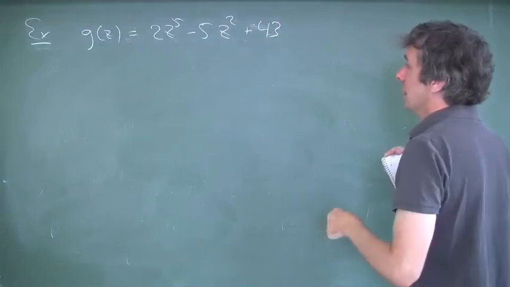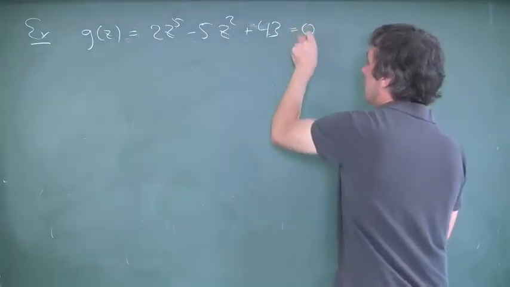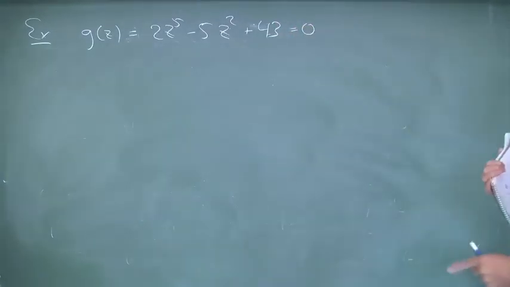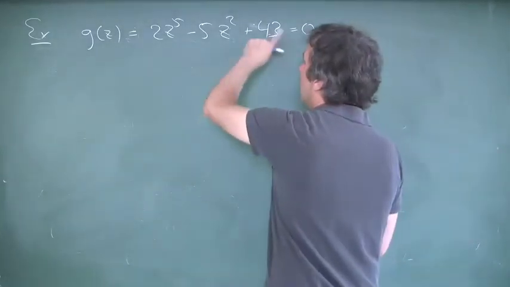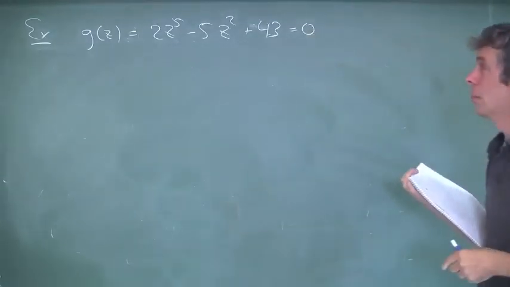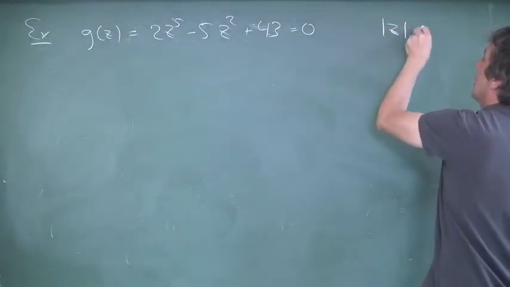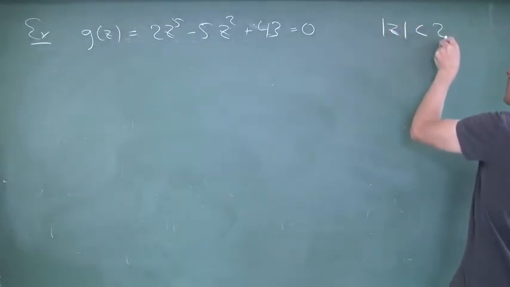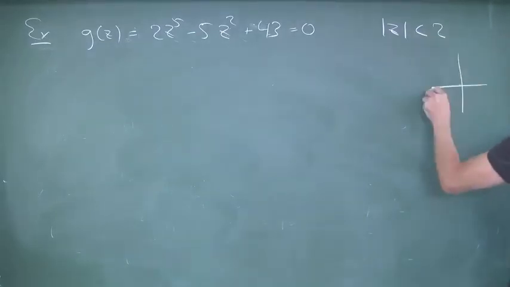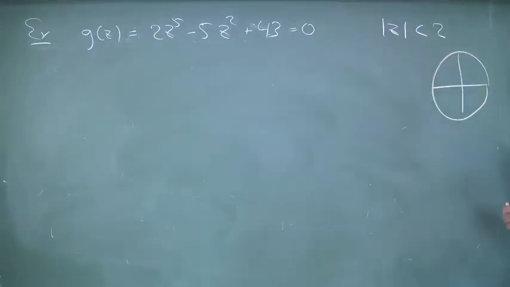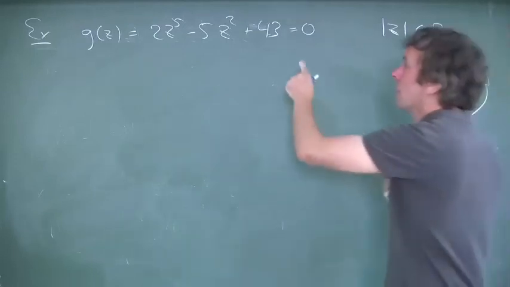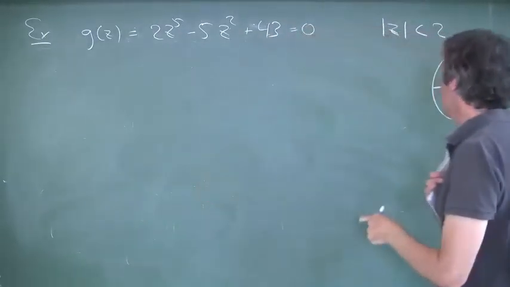We put this polynomial equal to 0, and then we ask how many of the zeros of this polynomial will lie inside the disk absolute value of z less than 2. So we have this disk with radius 2 around the origin, and we want to know how many of the zeros of this polynomial lie inside here.